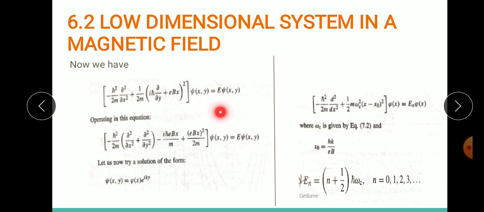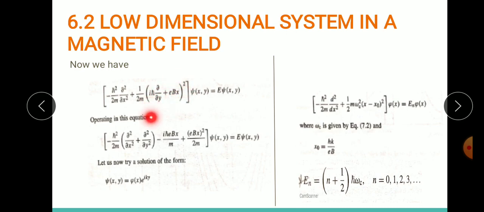That's it. Now let's start simplifying this. What I have done is I have expanded this bracket. This is of the form a plus b the whole square, so I can write this as a square plus 2ab plus b square.